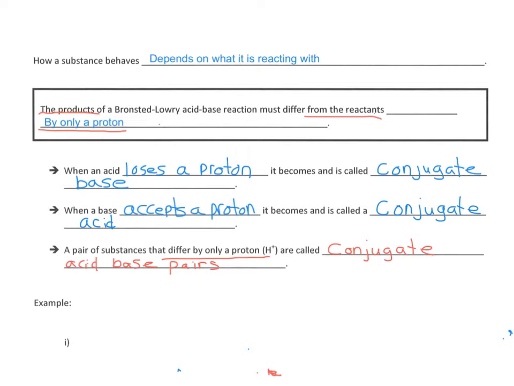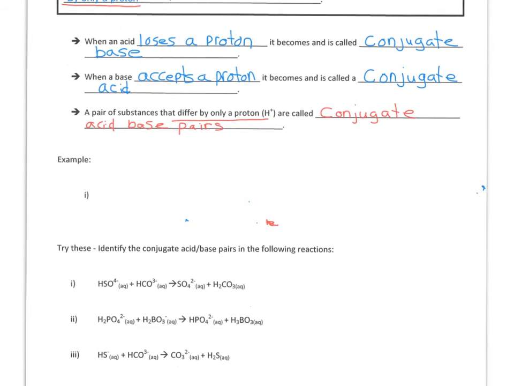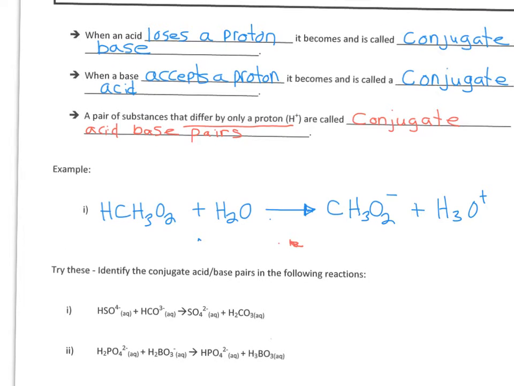So let's look at an example. Looking at this example, you want to identify what has donated a proton. So looking right here, HCH3O2 is almost the same as CH3O2, except it has lost a proton. So that means that this right here is our acid.